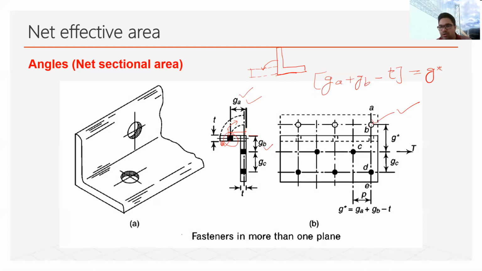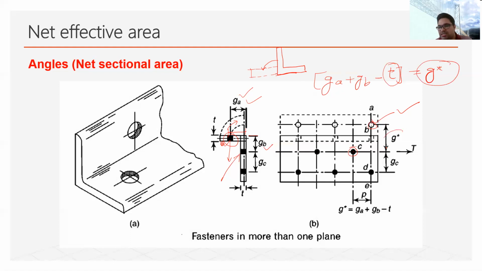This hole is shown here, and this hole is there. So the point is, how do we find out this distance between GA and GB? We have spread it, and now we are getting the value of GA plus GB, but in that we are counting the thickness twice, and that is why one thickness is deducted. So this is how we find out G star.